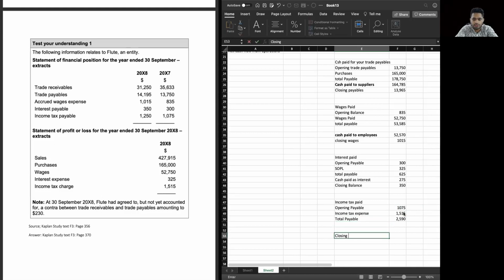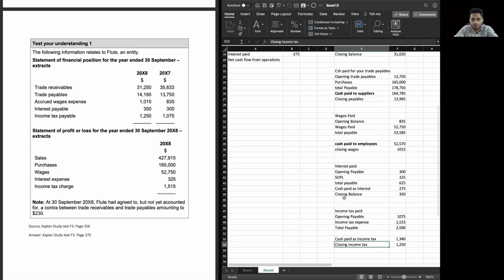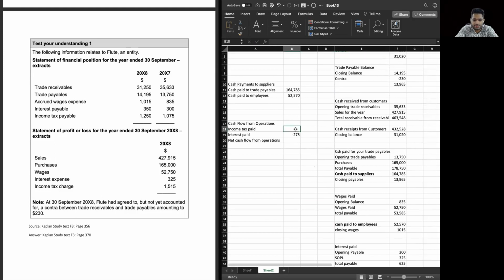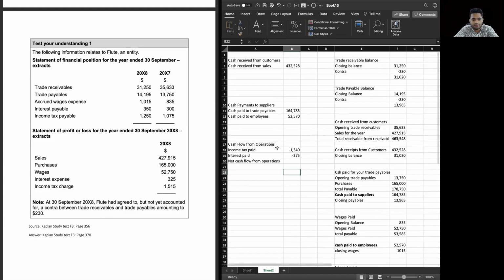Your closing income tax payable is going to be 1250. So cash paid as income tax is going to be 2590 minus 1250. That's 1340. So we paid 1340 as income tax. We're done with all the adjustments.